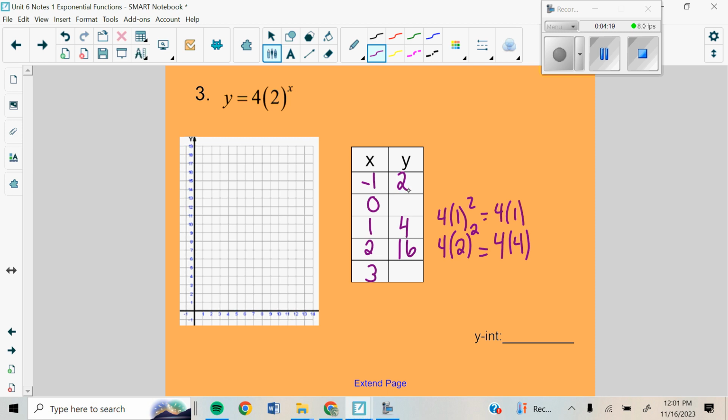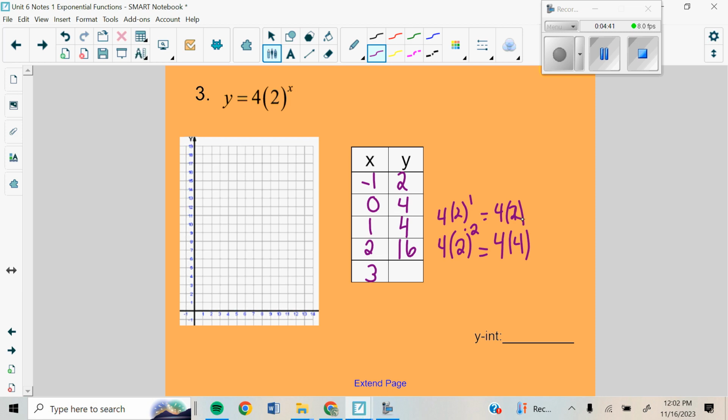Okay, so for -1, we should have got 2. Oh, goodness. I did something wrong. Let's see here. We should have 4 here. I know. Here's where I did something wrong, you guys. I am so sorry. It's 4 times 2 to the first power.